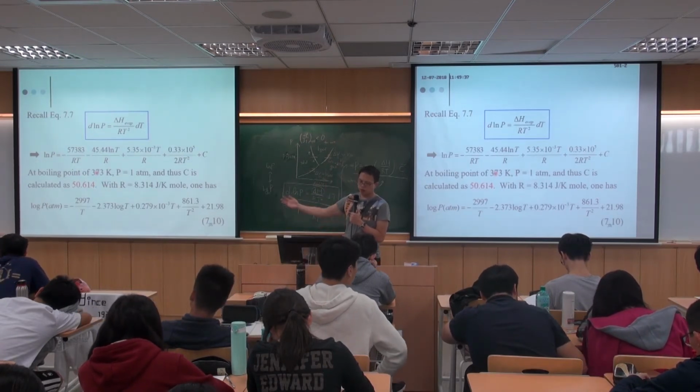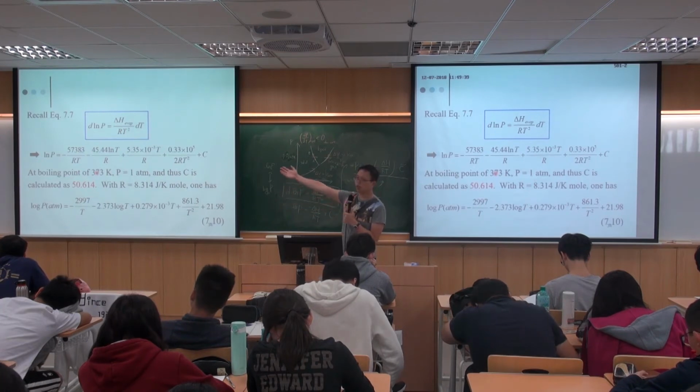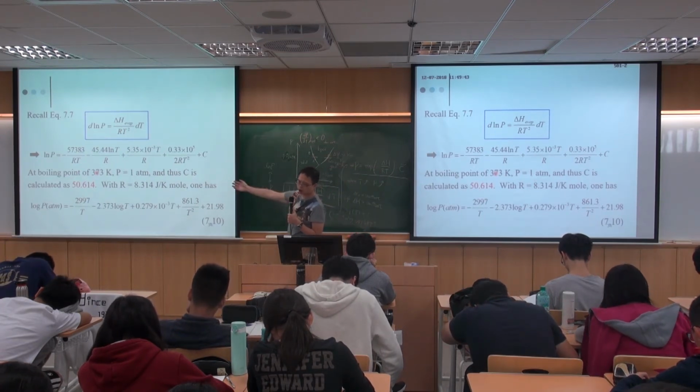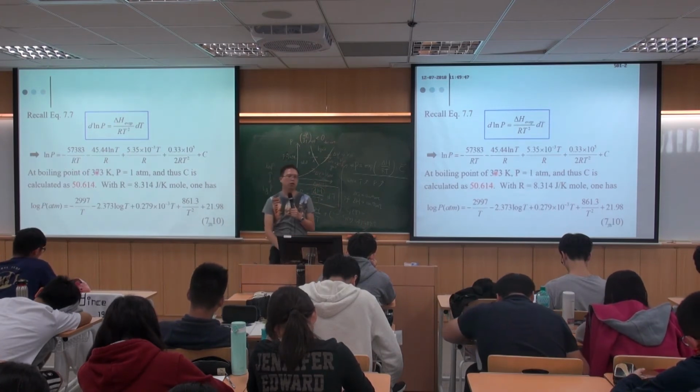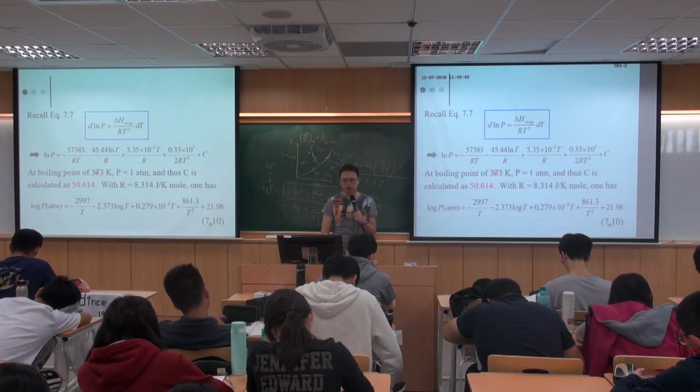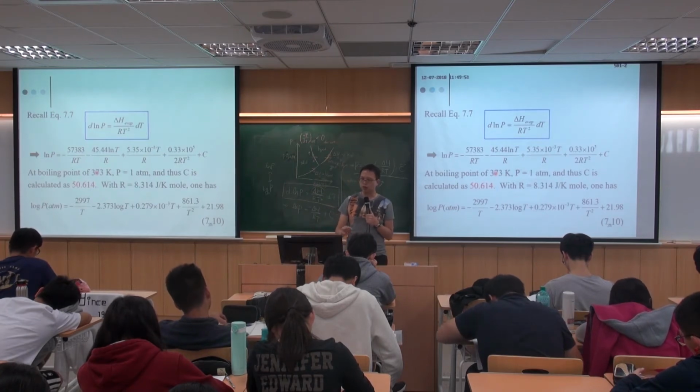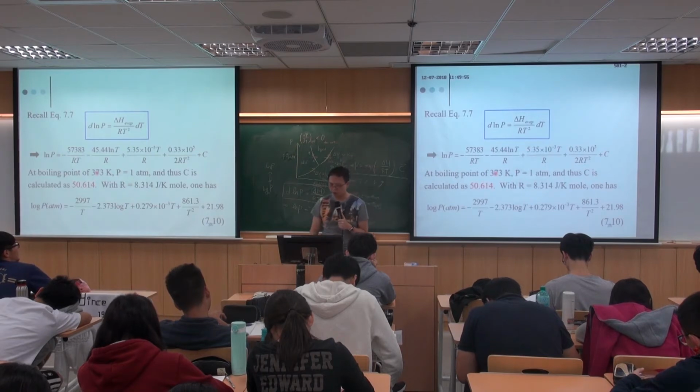But personally, to do calculation, I prefer natural log. I don't know which one is more intuitive to you, but I prefer natural log because it's much easier to type into your calculator. That's my personal preference.